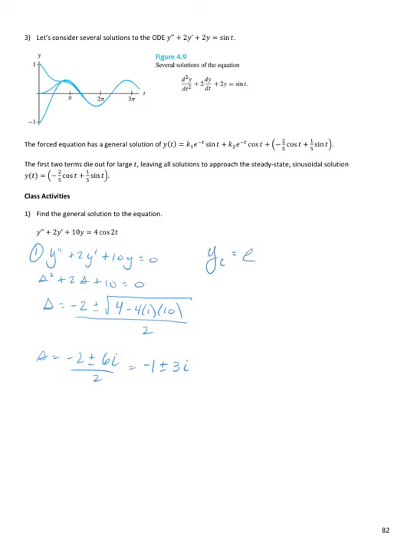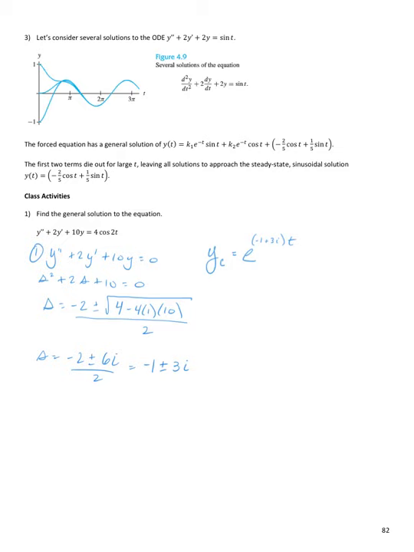So it's going to be e to the negative 1 plus 3i t. And again, you only need one of the eigenvalues because this complex solution is going to break down into a real part and an imaginary part. And each of those parts are themselves solutions. So that will get me my two real solutions to help me find y homogeneous.